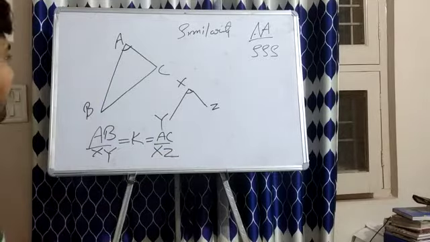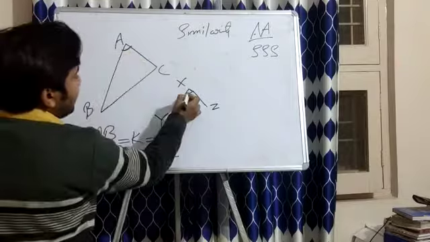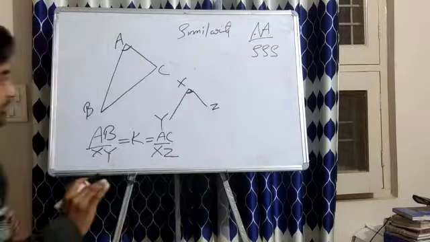This is given to us. What is also given to us is that the angle in between these two sides is congruent, or equal, to the angle in between these two sides.